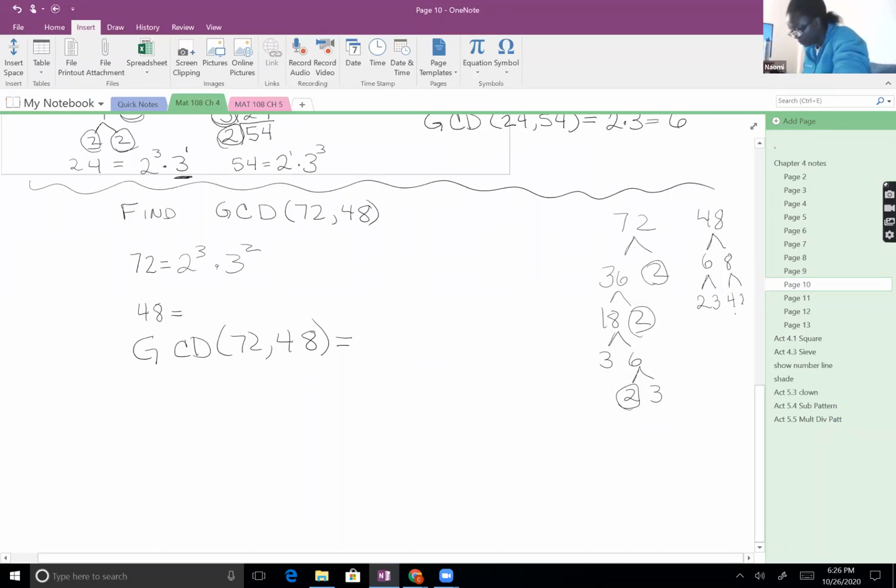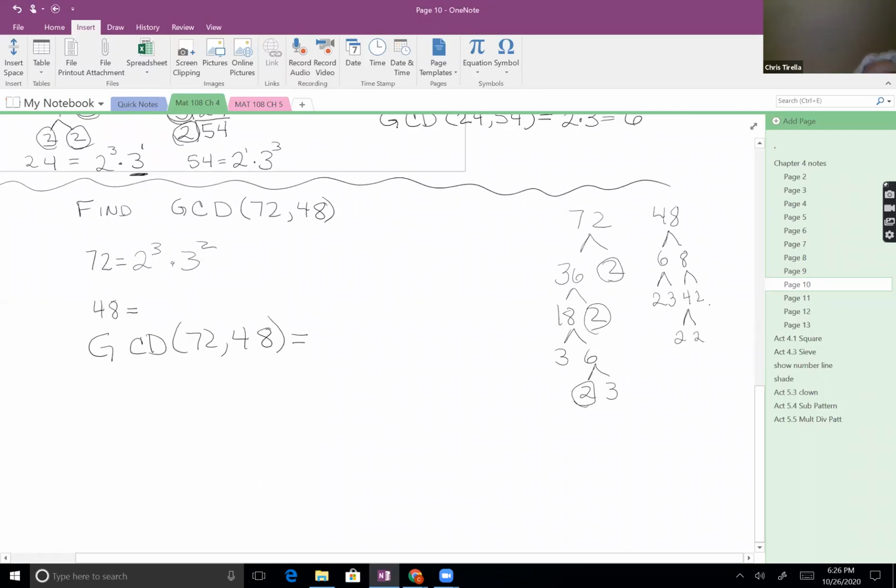And 4 is 2 and 2. So what do we have here? We have 1, 2, 3, 4 2s. And 1 3. So is it correct if I say 3 times 2 to the 4th power?